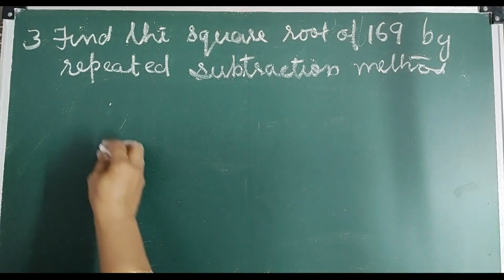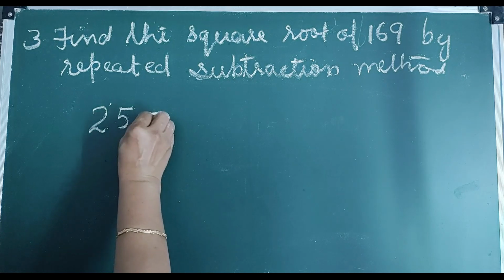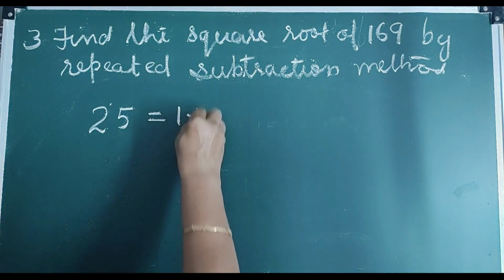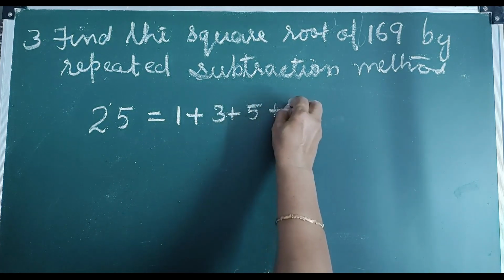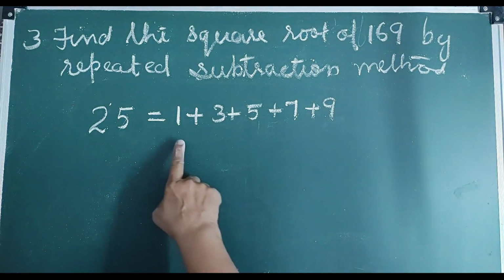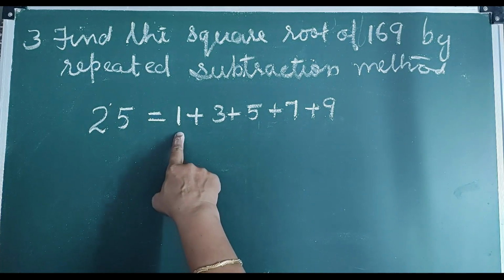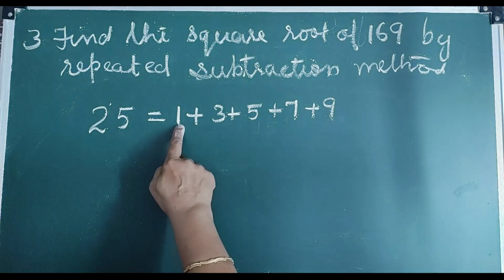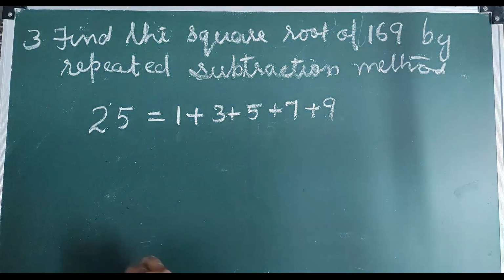So, 25 is a square number and this 25 is equal to 1 plus 3 plus 5 plus 7 plus 9. So, 5 odd numbers starting from 1, that is 1, 3, 5, 7, 9. The sum of these odd numbers is 25.